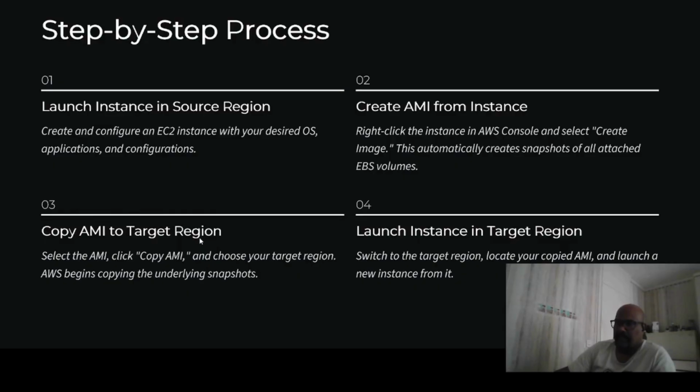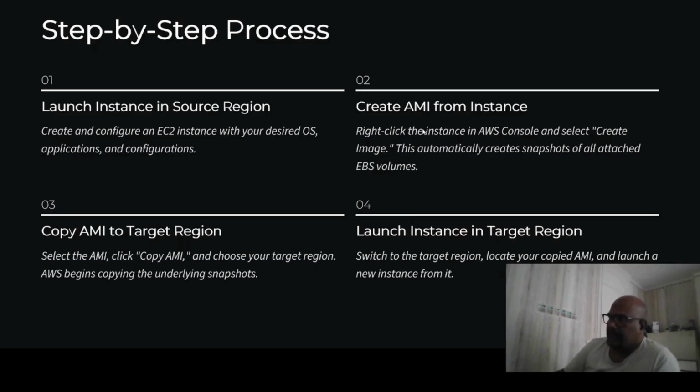Previously, I would create the AMI image and launch that instance in the local region. But as we are going to do cross-region launching, we are copying the AMI image to the target region.